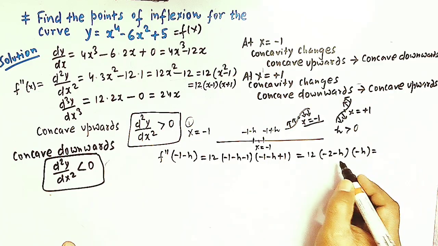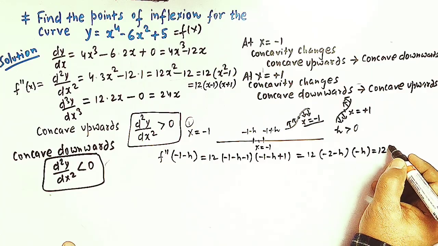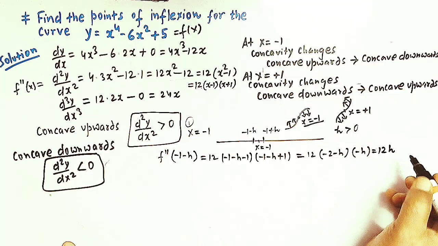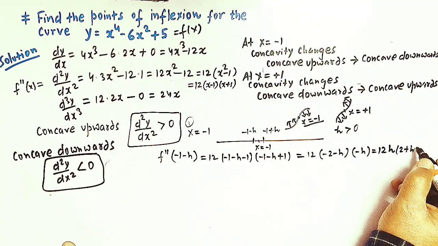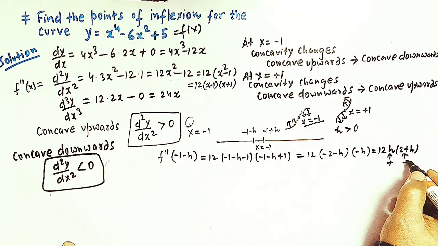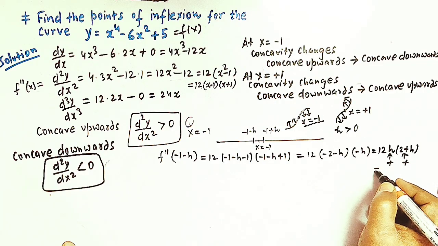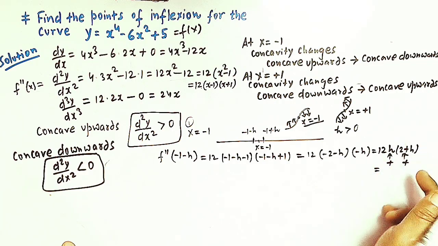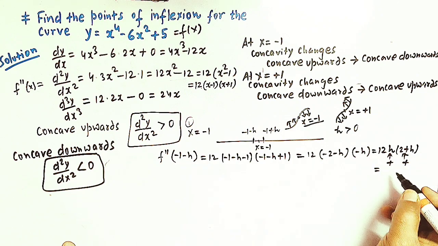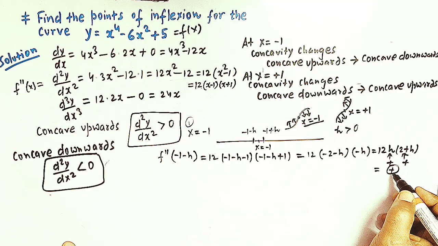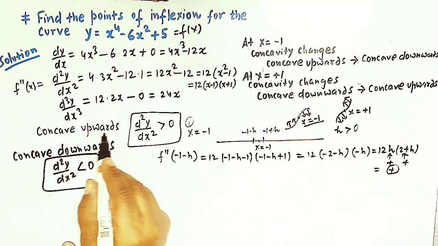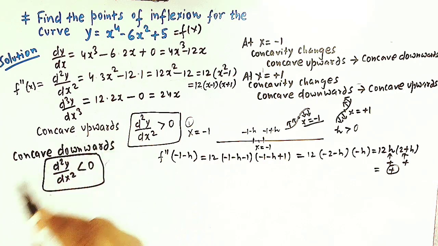So we have here 12h, and multiplying this term by the negative sign, we have 2 plus h. Now we can see that this is positive and this is also positive, right? So the combined sign, or the overall sign, of the second derivative at this point is positive. And when the second derivative is positive, then the curve is concave upwards.